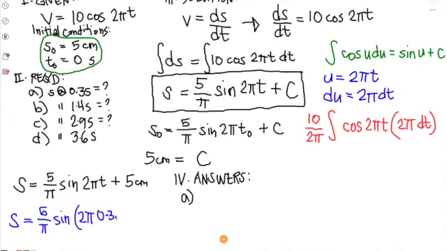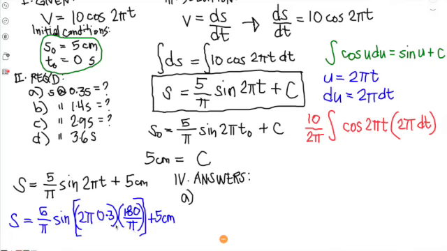Since this is in radians, if you want to use degrees, we need to multiply it by 180 over pi, that's approximately 57.3 degrees, which is equivalent to a radian. So let me put this in brackets, plus our initial position, which is 5 centimeters. You only do this if you kept your calculator in degrees. If you put it in radians, no need to multiply by 180 over pi.